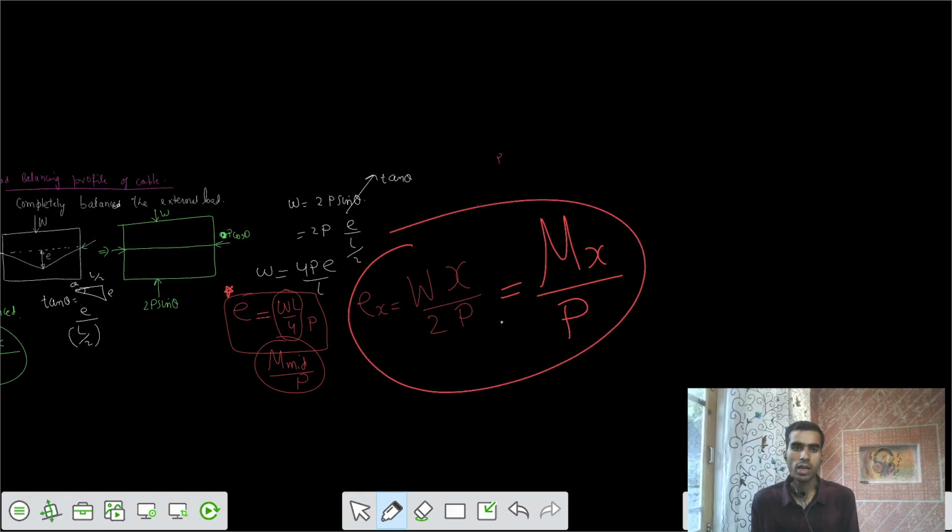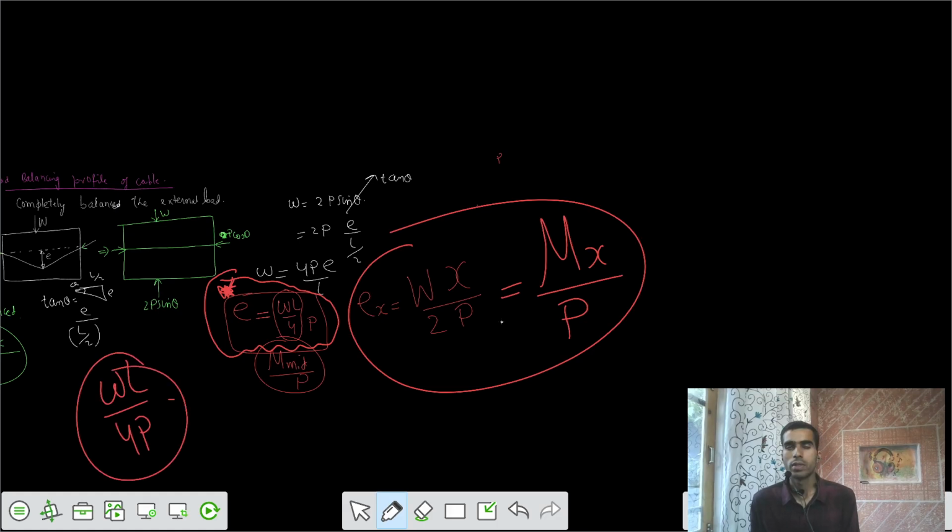Or directly you can say what is the eccentricity at the critical location, that's at the midspan. This is your equation, WL by 4p. Let's say how you design the cable.